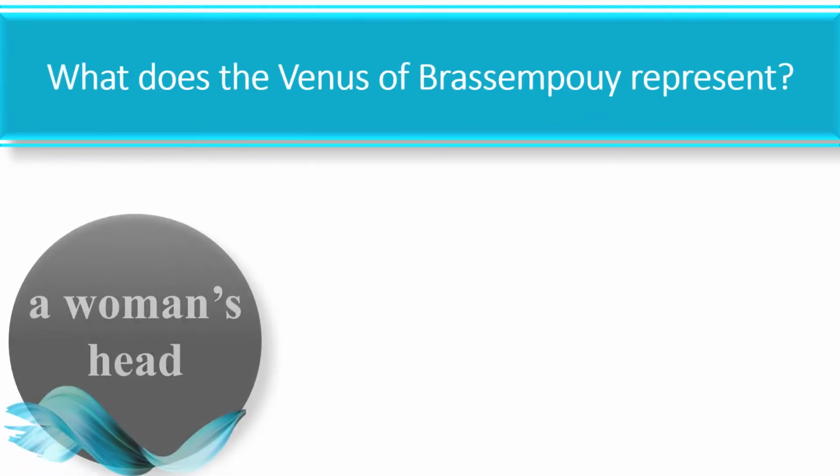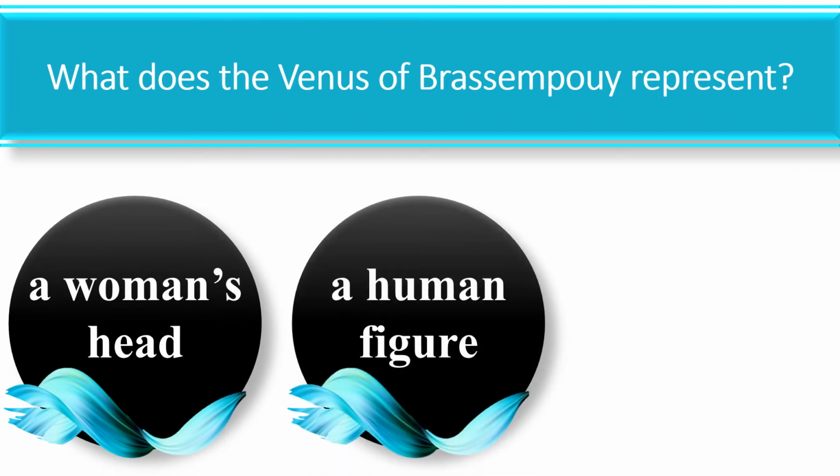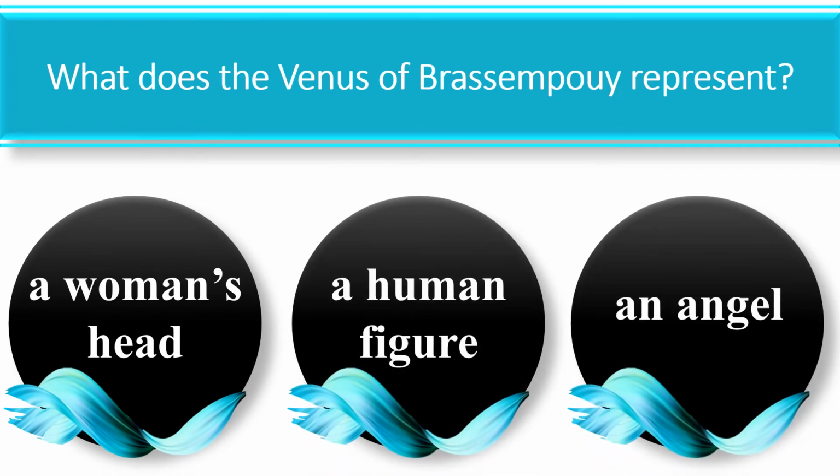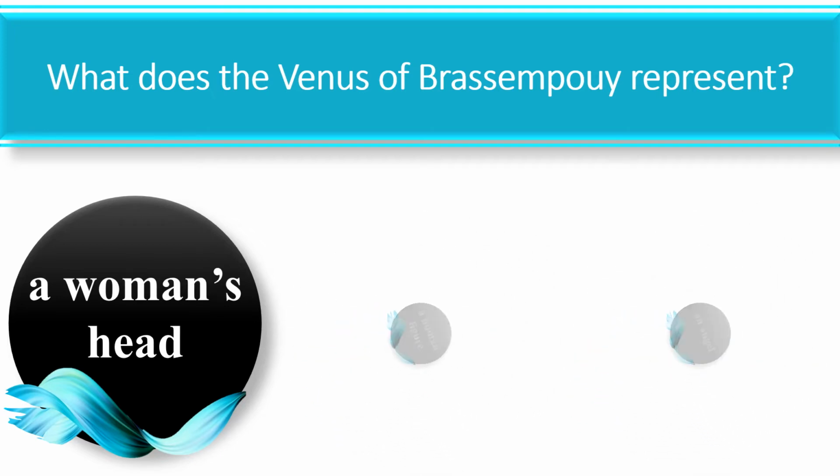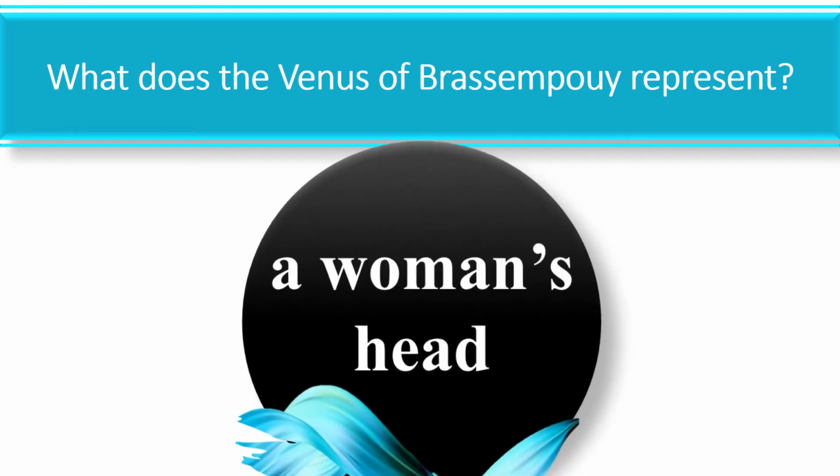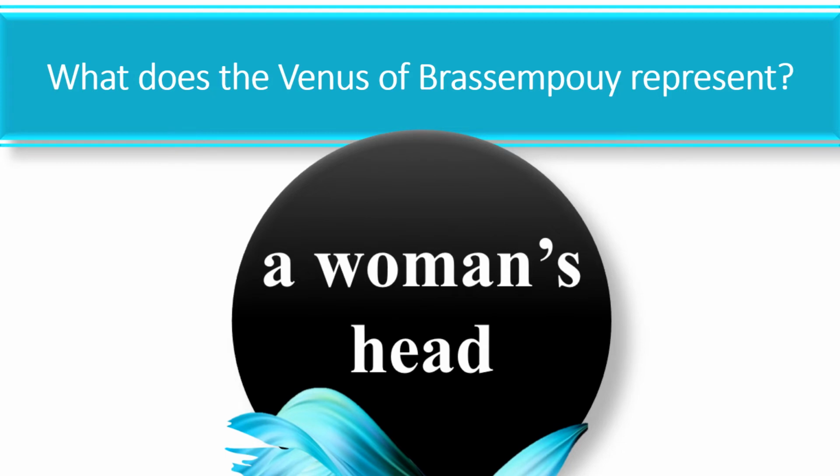A woman's head, a human figure, an angel. A woman's head. The Venus of Brassempouy, also called the Lady of Brassempouy or La Dame de Brassempouy, was carved from a fragment of mammoth tusk and is estimated to have been made during the Upper Paleolithic period. It was interpreted as a woman's head based on the feminine shape of the chin and apparent hair or headdress.